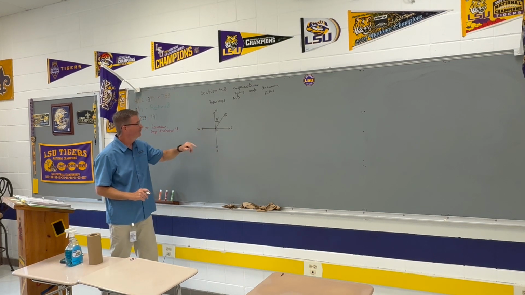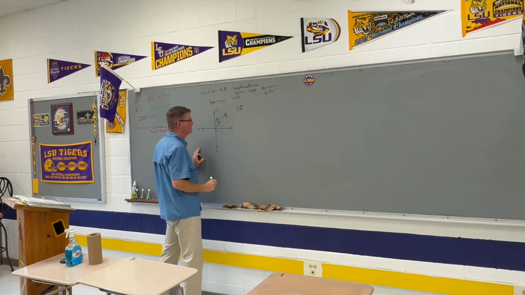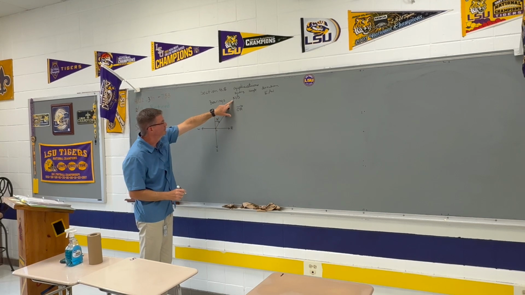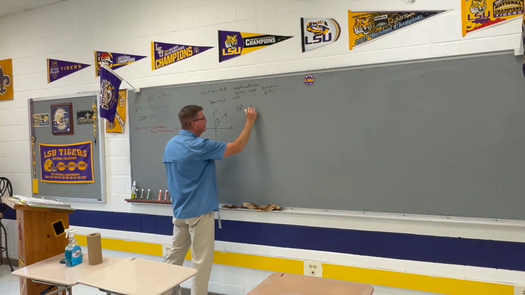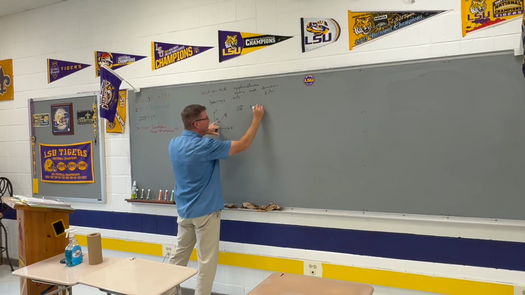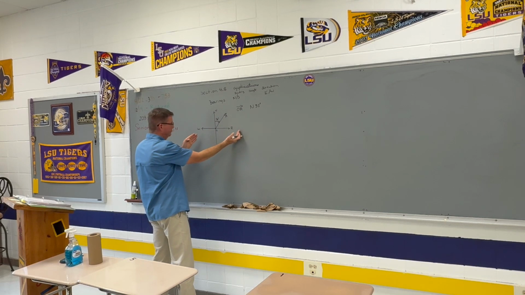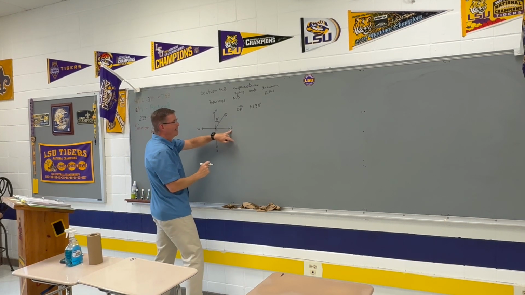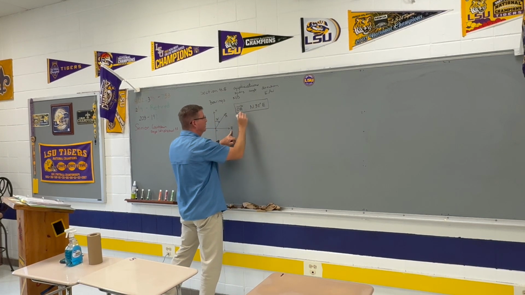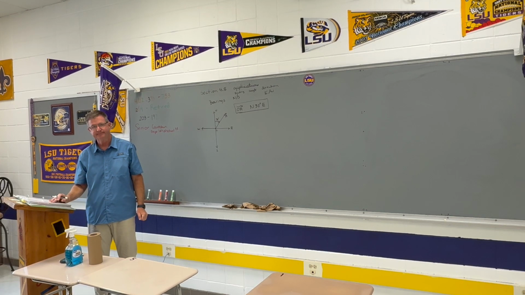The bearing for OA is going to be towards the north, because it's got to be north or south. That's the first thing. How far off of the north is it? It's 30 degrees off north. That would be my angle. And then in the direction of to the right or to the left, it's going to the right, so towards the east. This would be the bearing of ray OA.